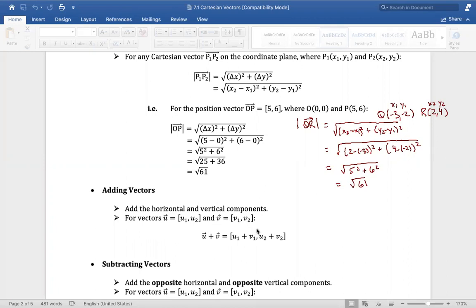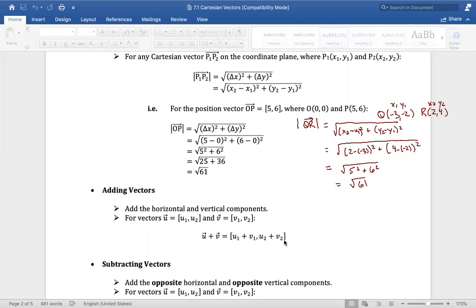To add those Cartesian vectors together, I would just add my x values, u1 plus v1. It doesn't matter if you go second plus first, v1 plus u1, and then you're always going in that order. You won't accidentally forget when subtracting that it has to go second minus first. And then, comma, add your y's together.